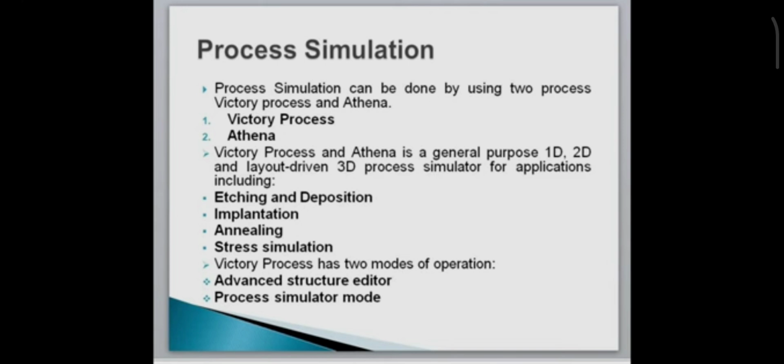The advanced structure editor mode is used for fast prototyping of 3D structures, and the process simulation mode is used for level set based process simulation and is more suited to detailed process based simulation such as complex physically based etching, deposition, redeposition, ion beam experiments and stress dependent oxidation analysis. Victory Process, we will discuss about this module later.